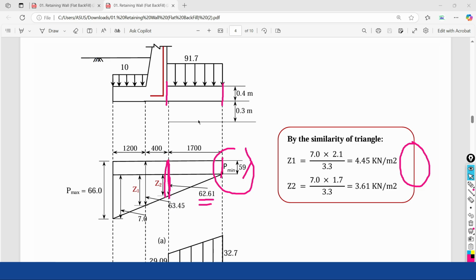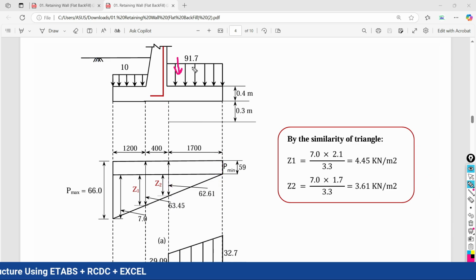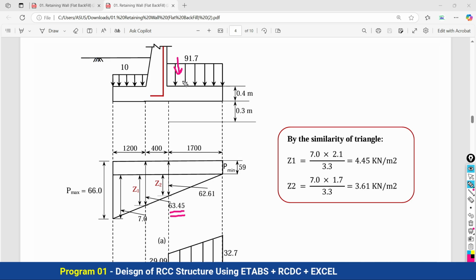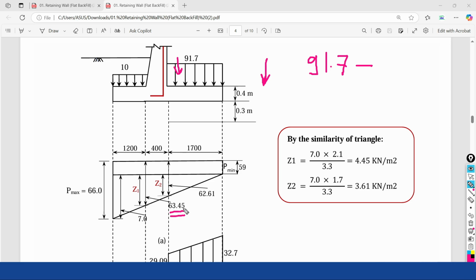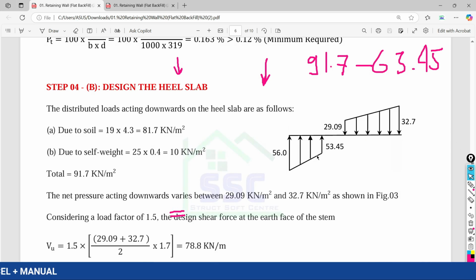So that's very simple. It is in downward direction 91.7 and it is 63.45 in upward direction. So the resultant will obviously be in downward direction. If you take the difference, 91.7 minus 63.45, what value you will get?